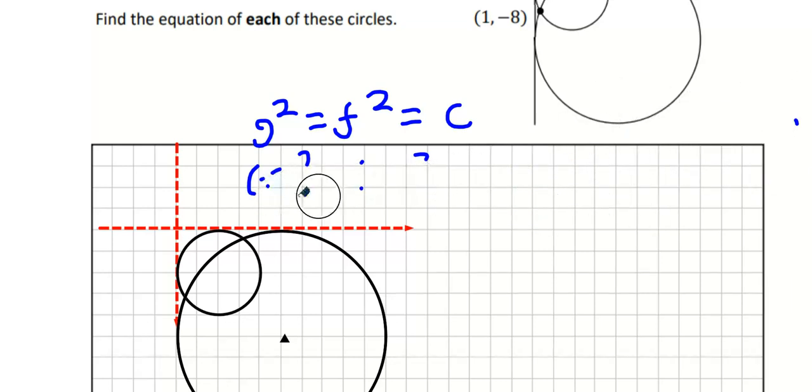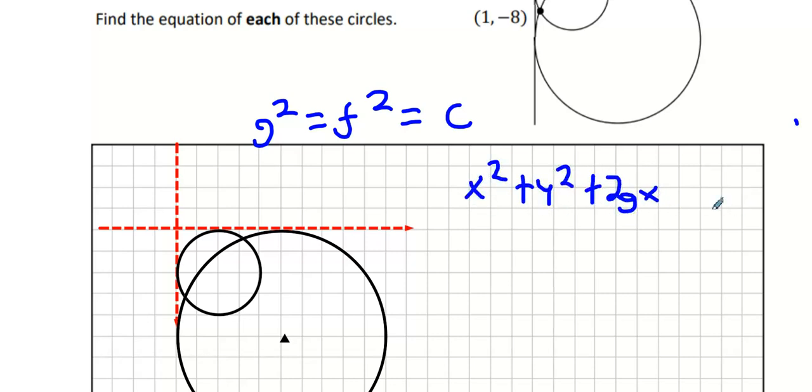It indicates that I'm using this formula to answer this question. Now on to the equation at hand. It wants the equation of two circles, and we're definitely using the GF method. Now here's what we're going to do. We know that (1, -8) is a point on this circle. So if I replace x with 1 and y with -8, it has to balance.